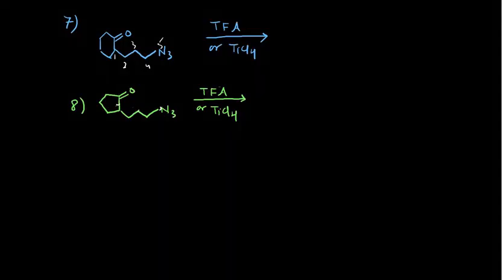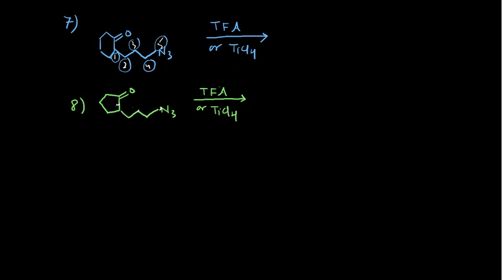So, guys, you can see this is your problem number 7, and again this is the same kind of problem. We will form a bicyclic lactam with this example. If you focus here, I have already numbered this. This is carbon number 1, this is 2, this is 3, this is 4, this is 5.